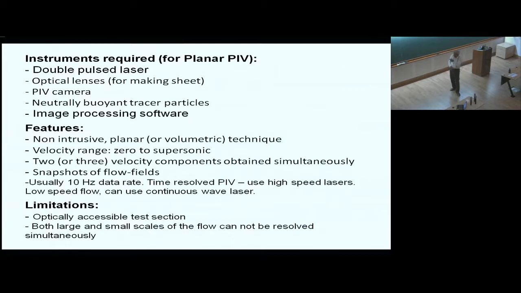And similarly, temporally, you cannot get high frequency information like with LDV or hot wire, where you can easily go up to kilohertz. Here you are restricted by the high speed laser. If you use one, then it will be like 100 hertz or 1000 hertz, which are, as I said, very expensive.